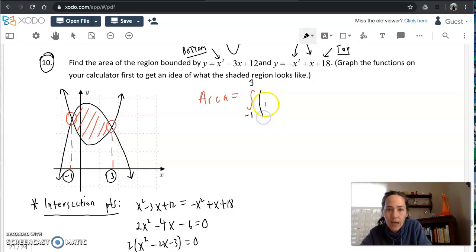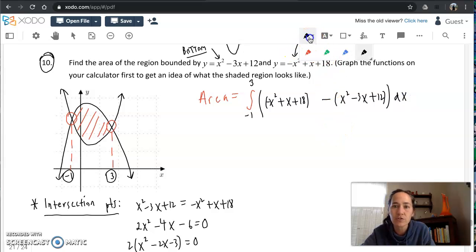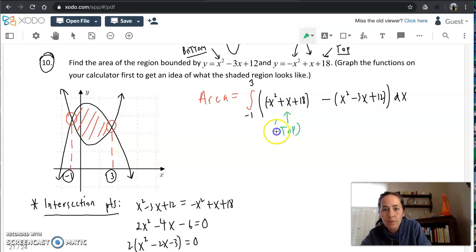So let's do top function, negative x squared plus x plus 18, minus parentheses, I'll put the whole bottom function in this next slot. So x squared minus 3x plus 12, all integrated with respect to x, and that should do the trick. And for your notes, let's label it. I'll say function that bounds the region from the top, and then function that bounds the region from the bottom. Okay.